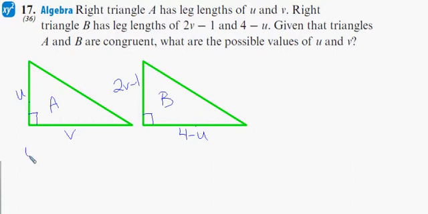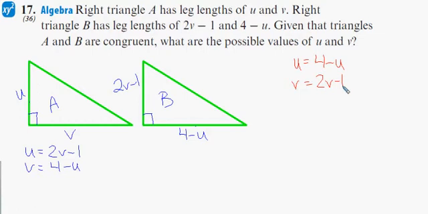We can say U equals 2V minus 1 and V equals 4 minus U, or I'll set the other one up over here: U is equal to 4 minus U and V is equal to 2V minus 1. So let's go with this easier one first.